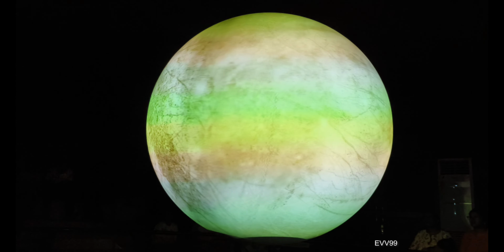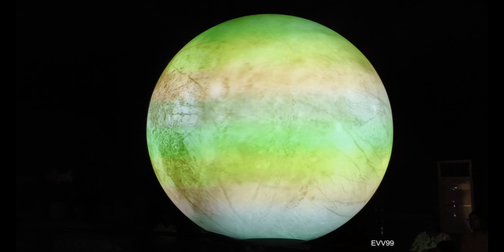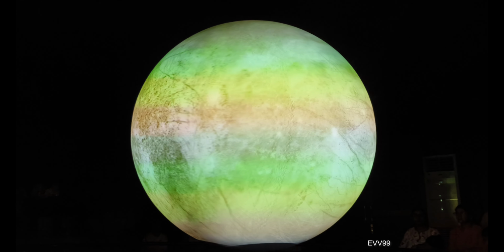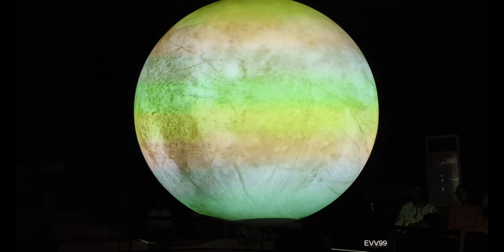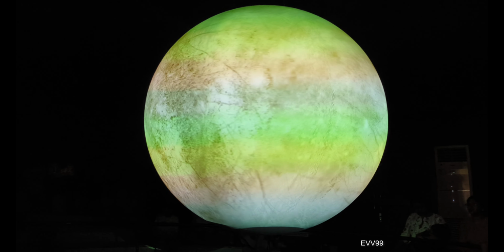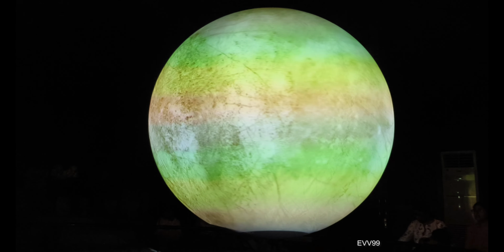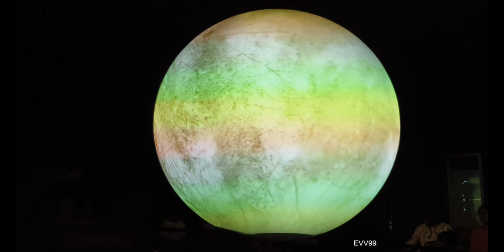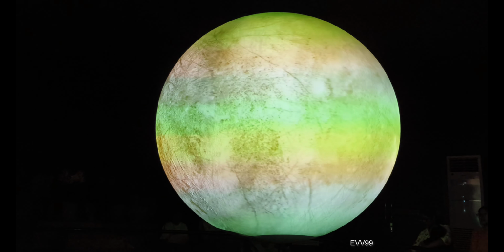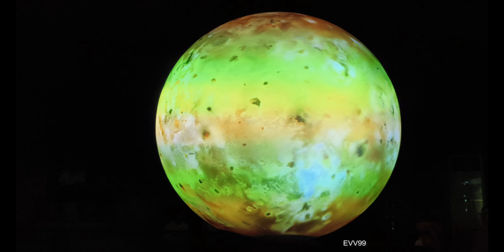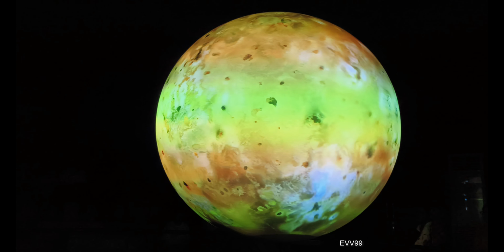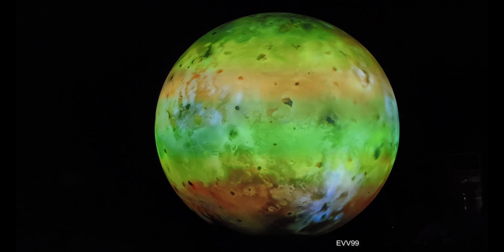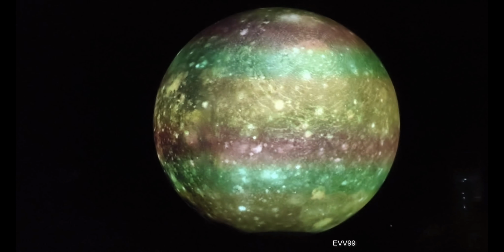Jupiter has 95 moons. तो hypothetically अगर आप Jupiter के surface पे खड़े होंगे, जैसे हमें Earth से रात में एक ही moon दिखता है, on Jupiter's surface you will see 95 to 100 moons every night. Now this is the Io, and this is the Callisto. These are all the moons of Jupiter.